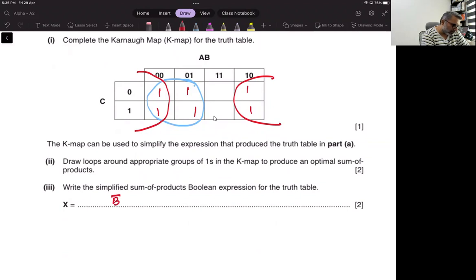And C is changing, so we leave C. Now, the blue part. A is constant, A naught. B is changing and C is changing. So this is your answer. X is equal to B naught plus A naught, or X is equal to A naught plus B naught, whatever. This is the answer.